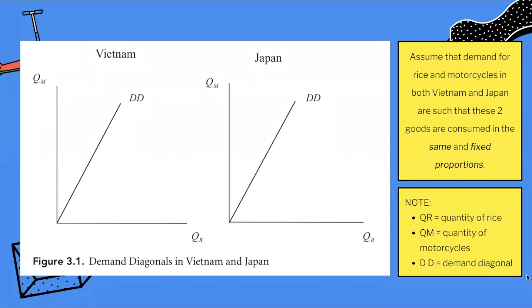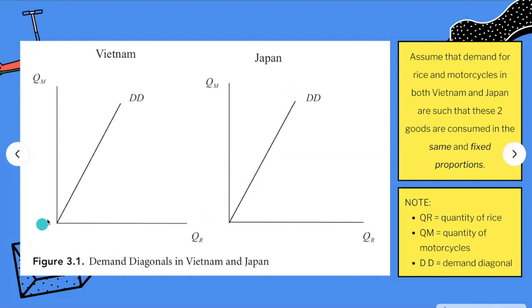As you can see here, the horizontal line QR represents the quantity of rice and the vertical line QM represents the quantity of motorcycles. From the assumptions, we know that because the demand for rice and motorcycles is in the same fixed proportions, we present it by drawing a diagonal line like in figure 3.1.